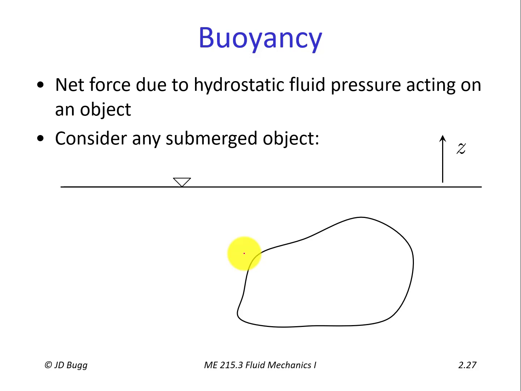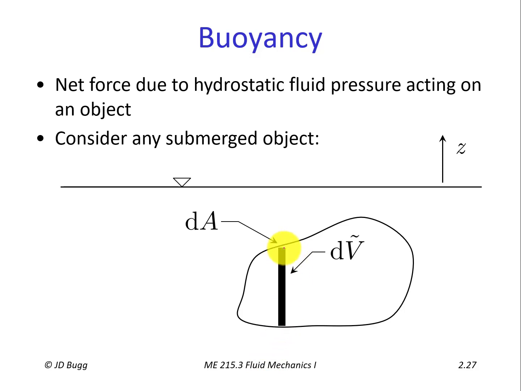Now, in order to do that, what we're going to do is take a vertical slice of this body. So this dark black slice here is a portion of this submerged object. Now that slice is going to have some volume, which I've called dV, and it's going to have some cross-sectional area at the top called dA, and the area at the bottom is going to be the same.